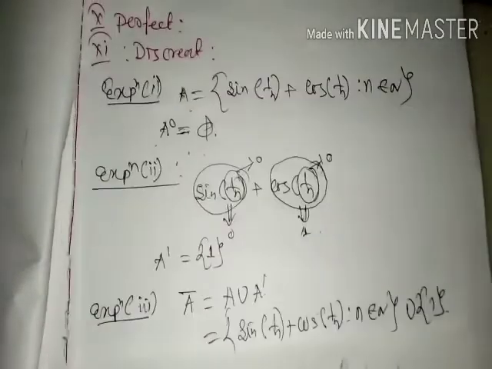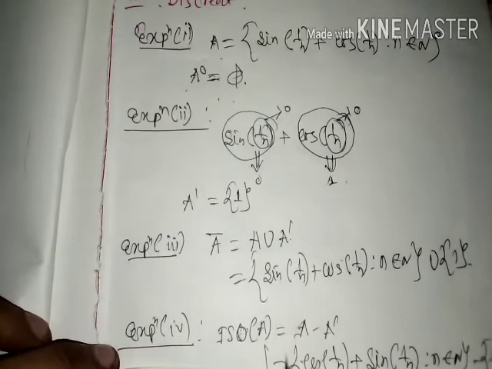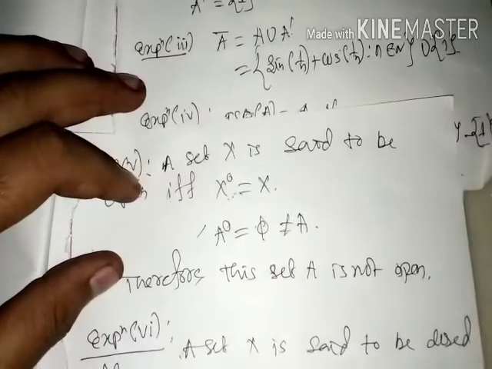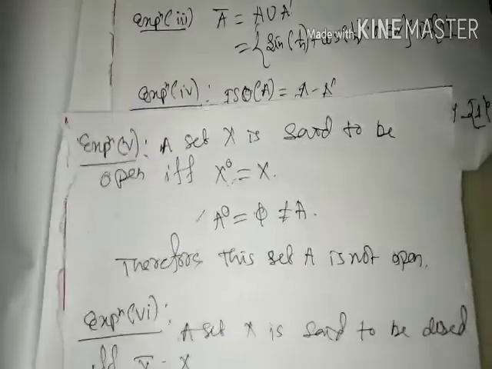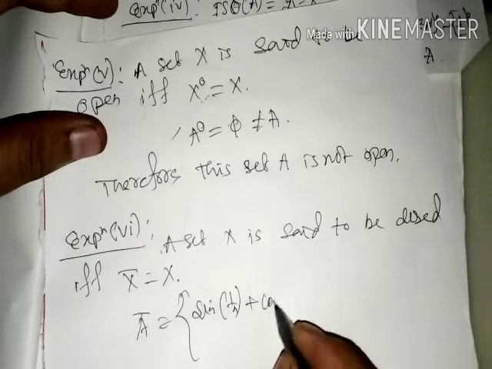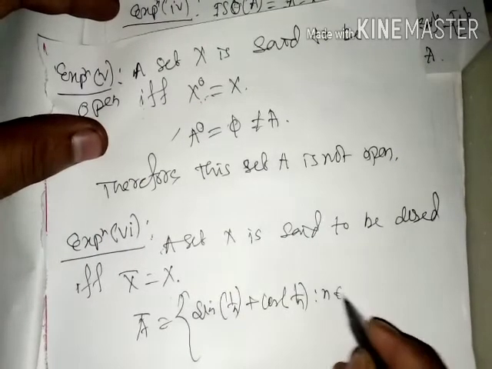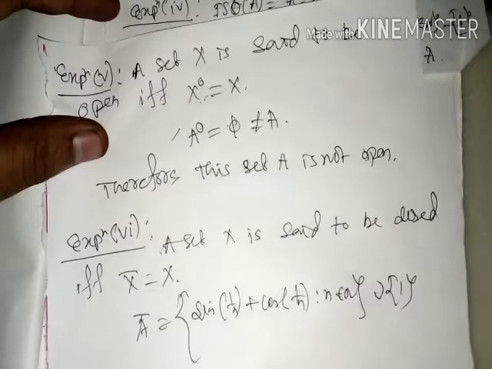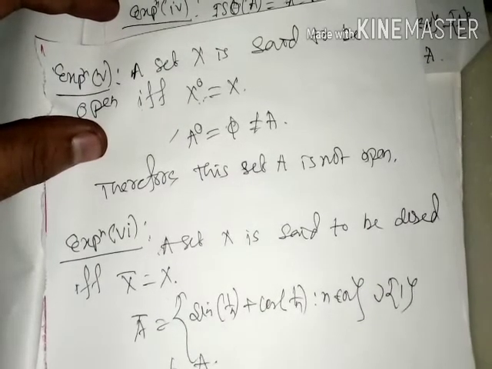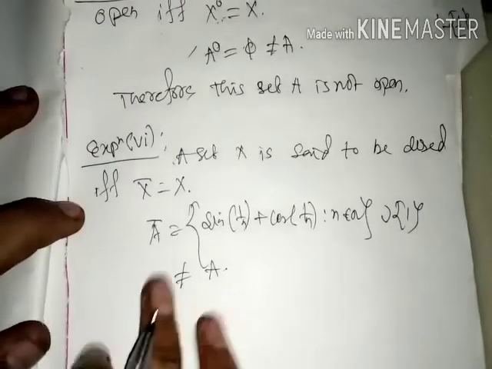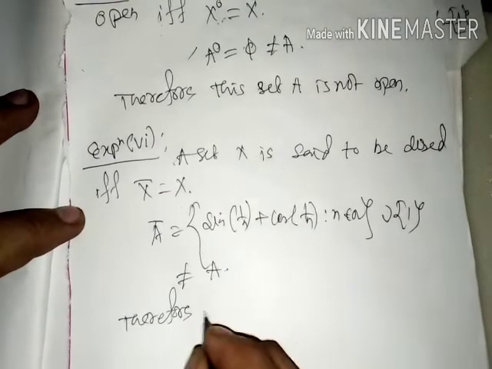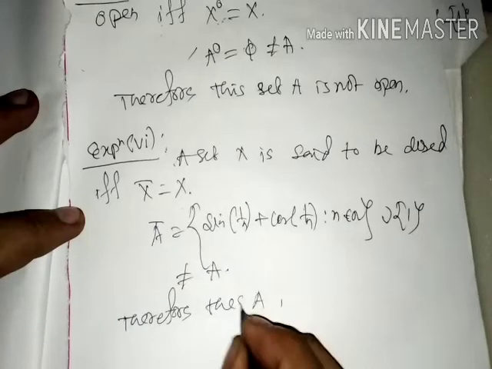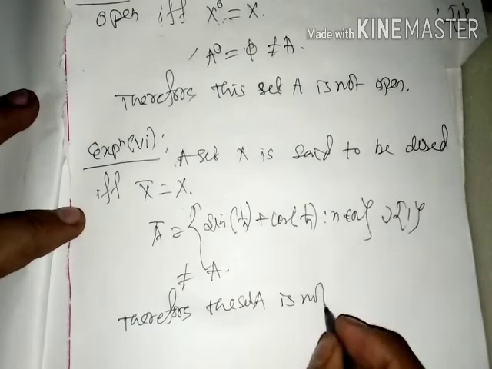We already got closure of A equal to {sin(1/n) + cos(1/n) : n belongs to N} union {1}, which is not equal to A. That's why this set is not closed by this result. Therefore, the set A is not closed.